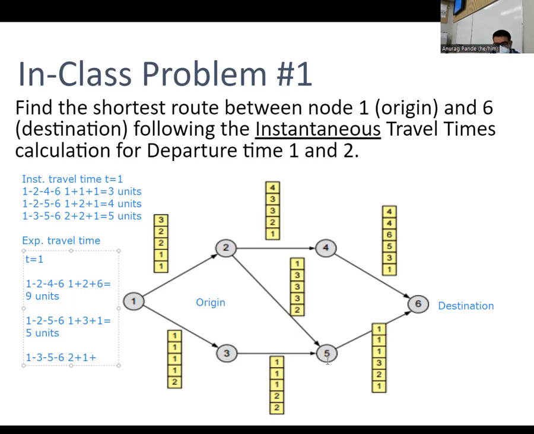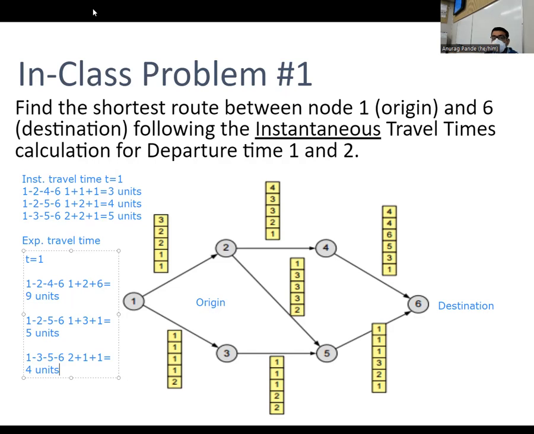You get here at T equal to 4, and you take 1 more minute. Questions? Does that make sense? 4 units. So you can see the instantaneous calculations were really simple because you were just taking the time at the start. In experience travel time, you have to go node by node.